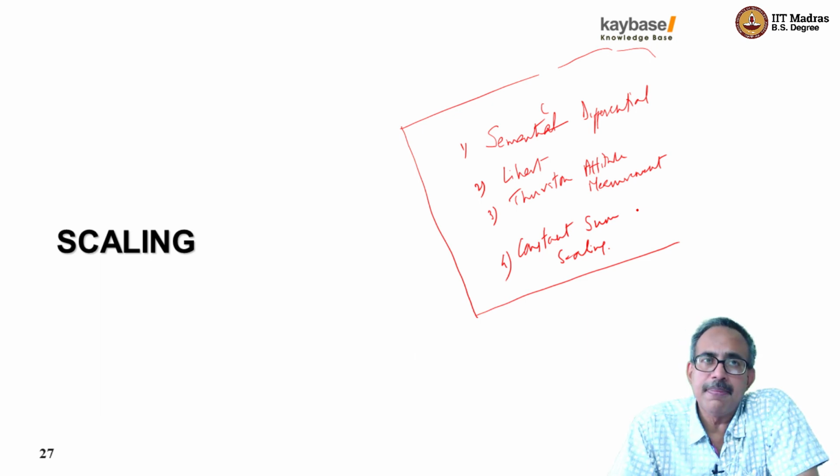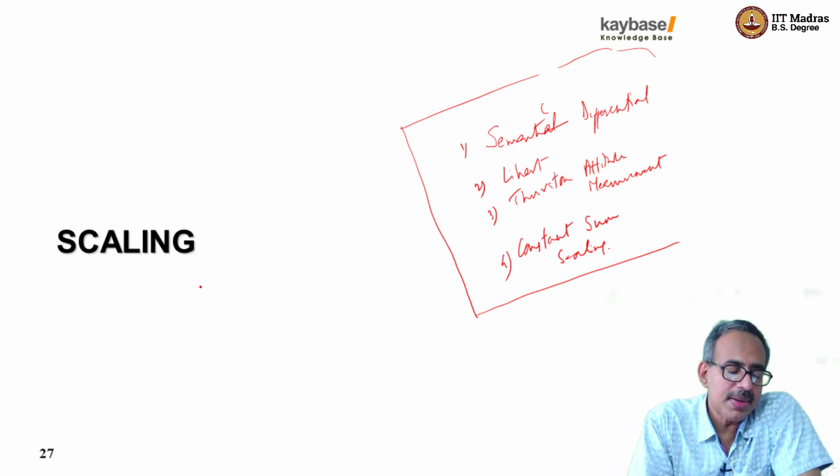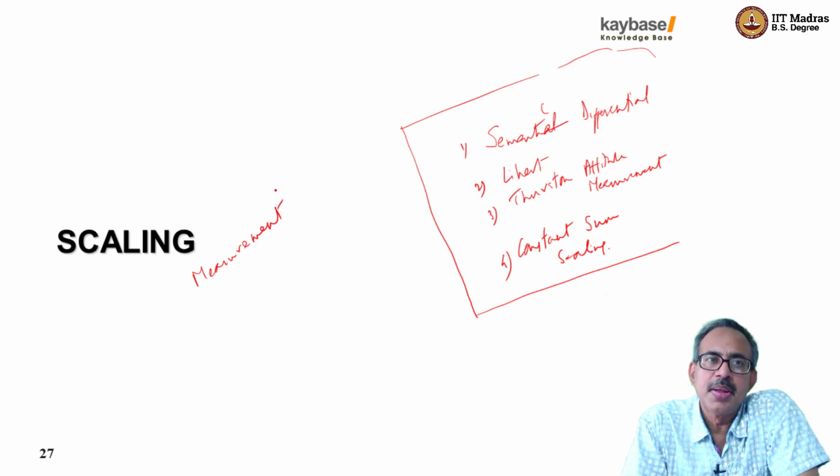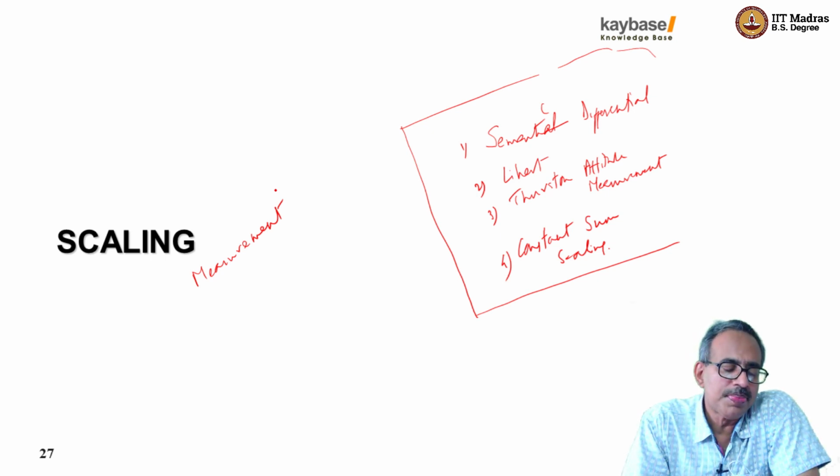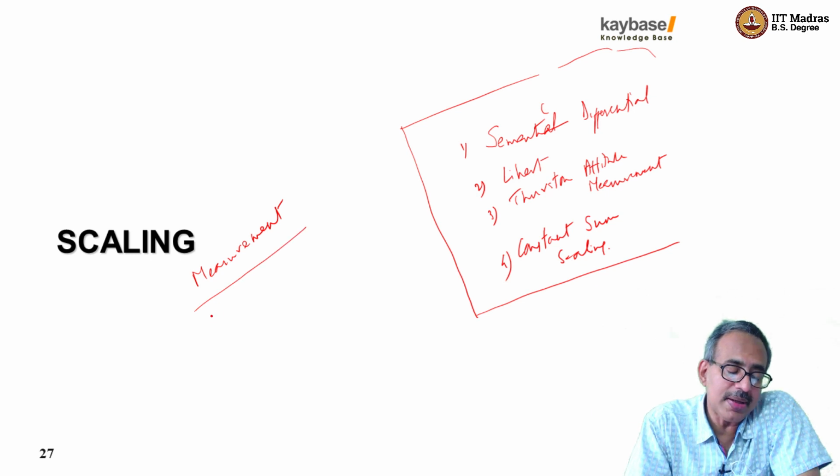Before we start on scaling, there's one thing that I want to clarify. I have said scaling is about measurement. You may or may not recall my saying it. But it is not only about measurement. Scaling is about correctly understanding the respondent's opinion.